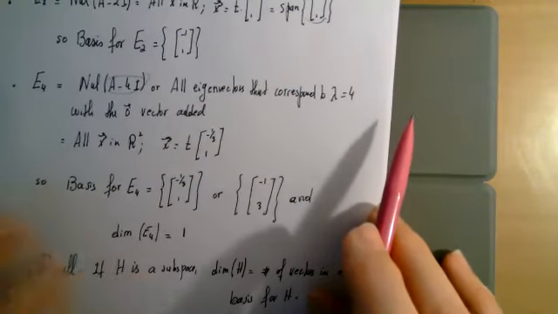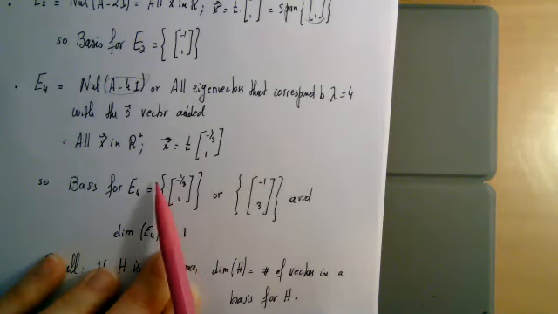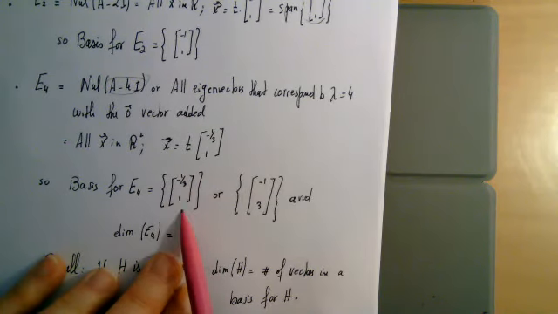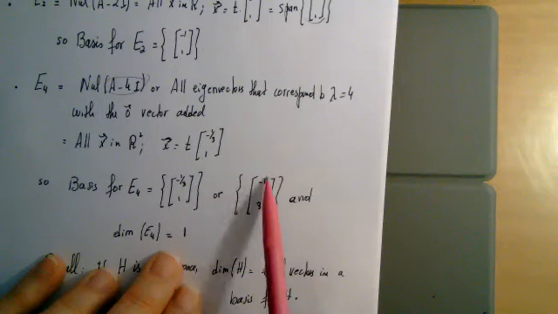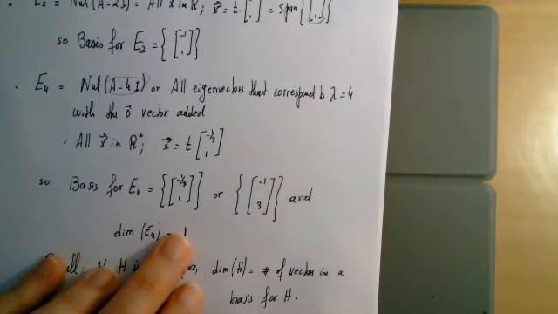But here, I put something on your notes. I told you that we can pick this as a basis or (-1, 3) as a basis. Am I correct? Yes or no? Explain.